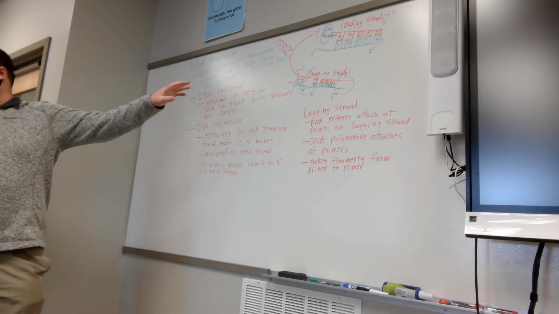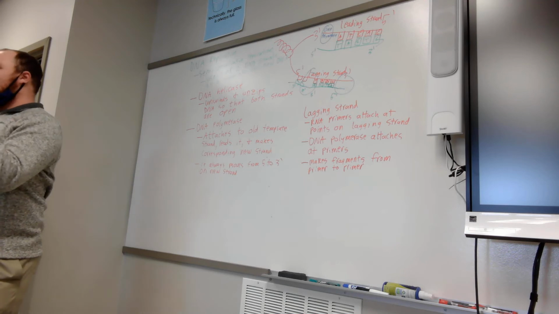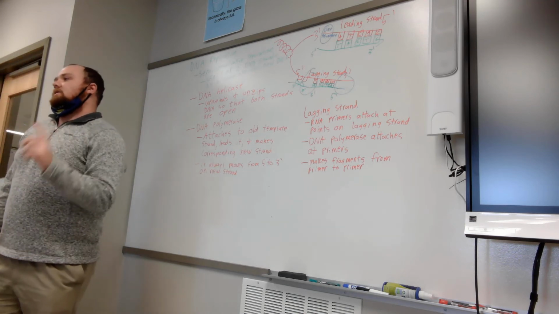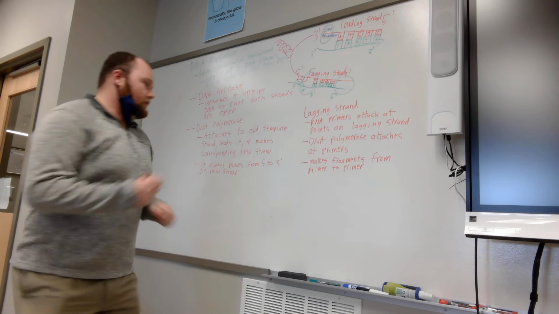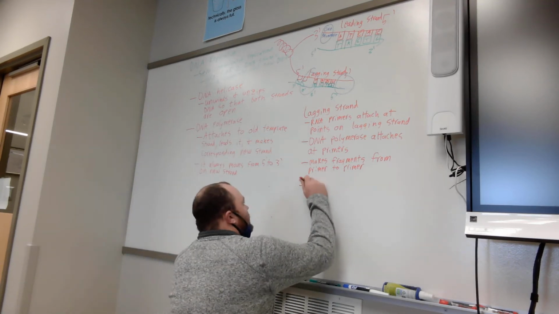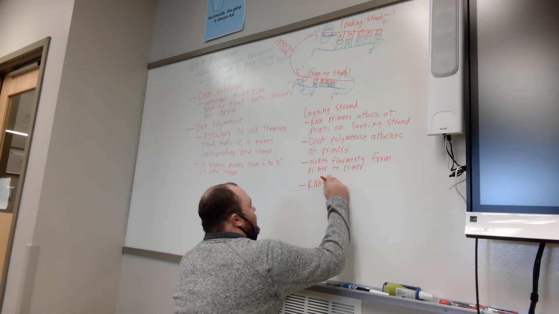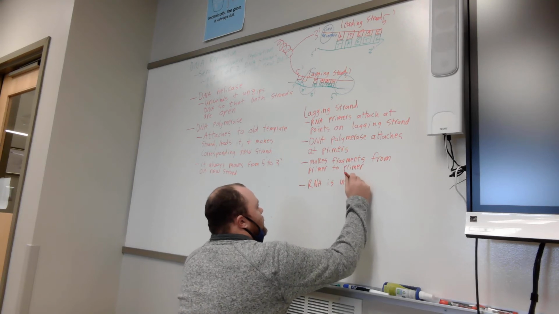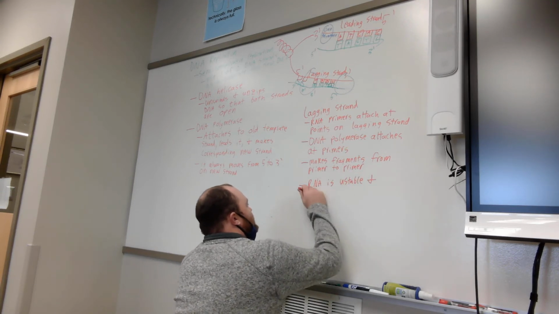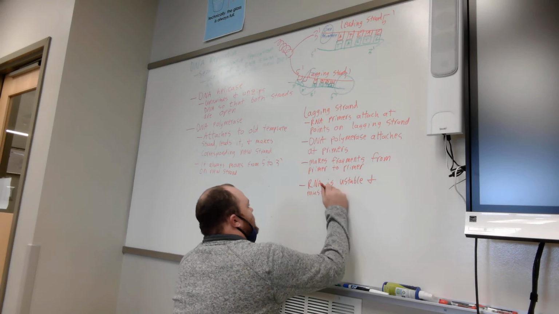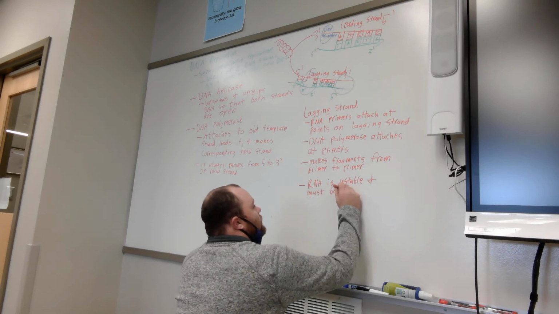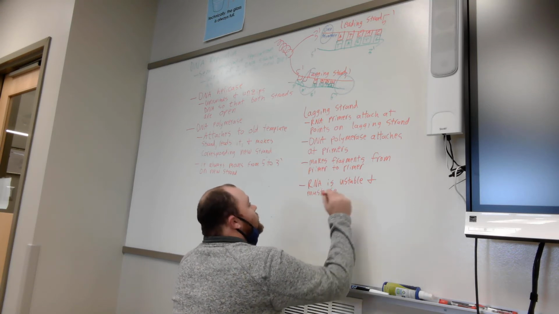But this isn't a full strand yet. We still have those little pieces of RNA, and RNA is unstable, okay? So, RNA is unstable and must be, what's the word I'm looking for? Switched out.